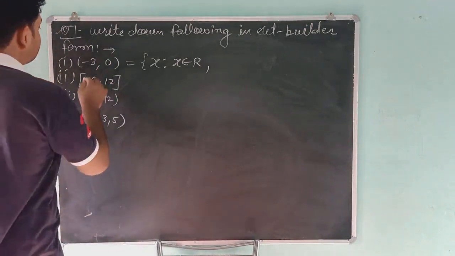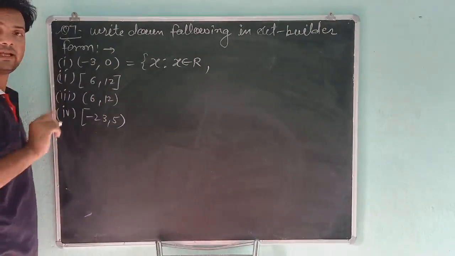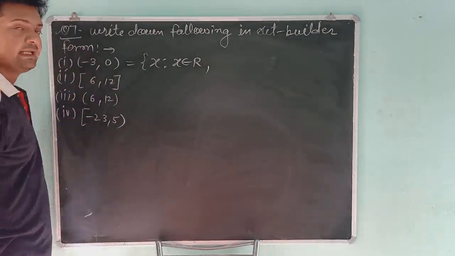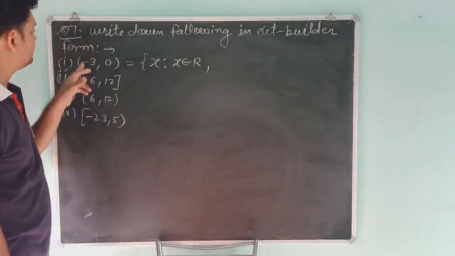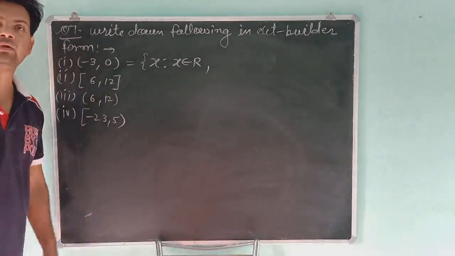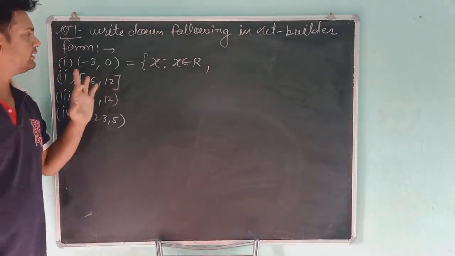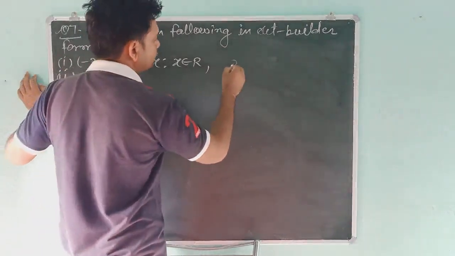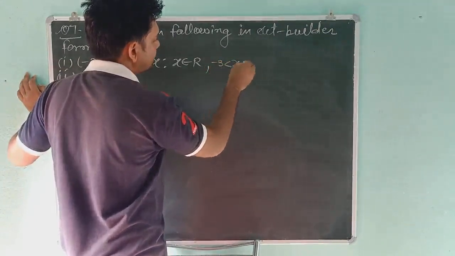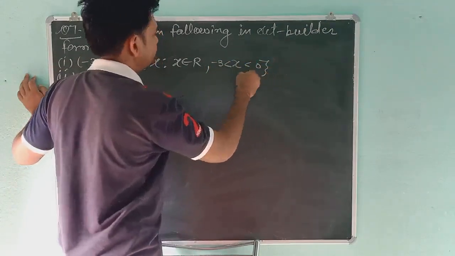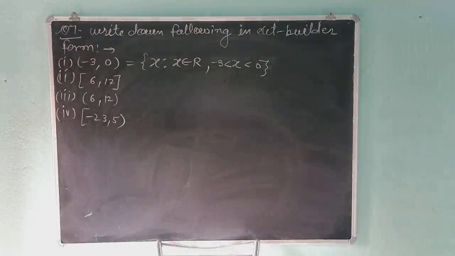That means X is not equal to -3, X is not equal to 0, X is only between -3 and 0. The value of X will be between -3 and 0. So students, you will take -3 and here is 0. X is greater than -3 and less than 0.